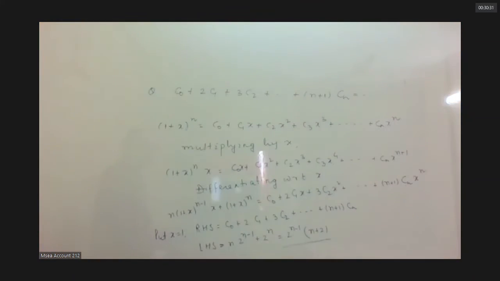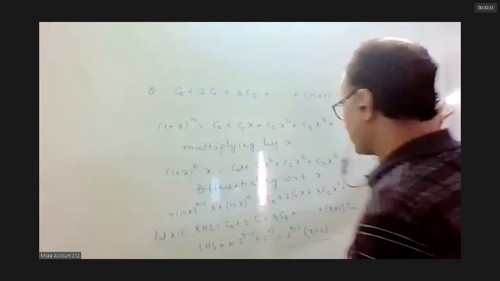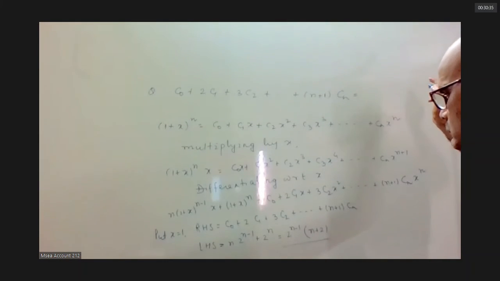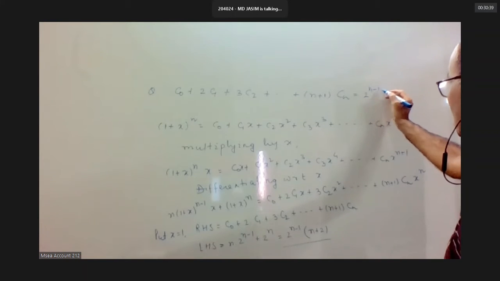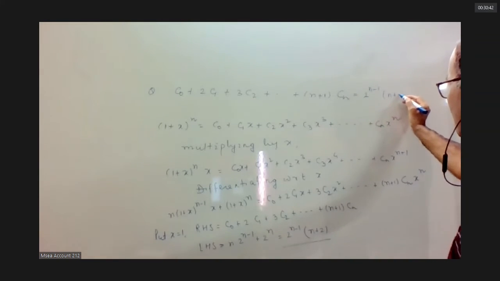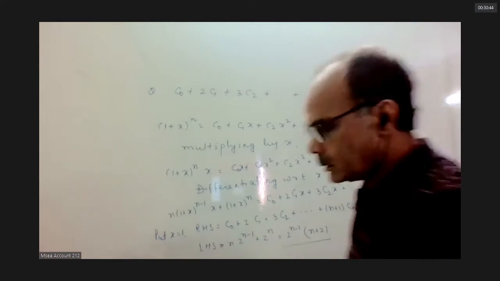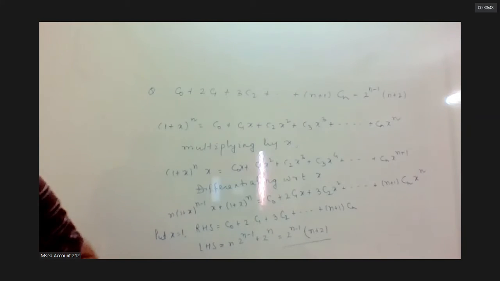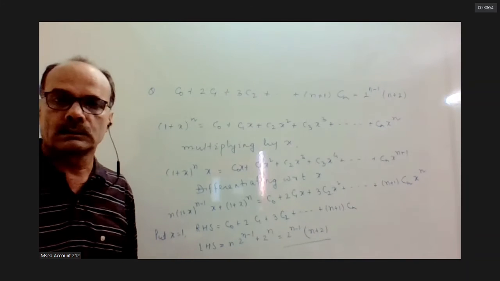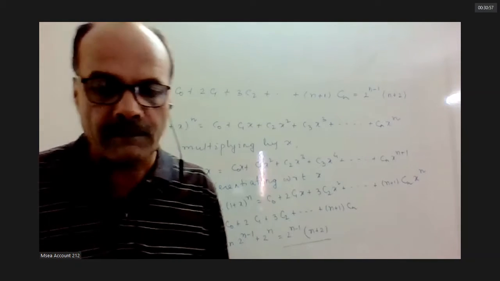So this is the answer: 2 to the power n minus 1 into n plus 2. Okay, so by observing the given expression, we can decide what we need to do. Yes, sir.